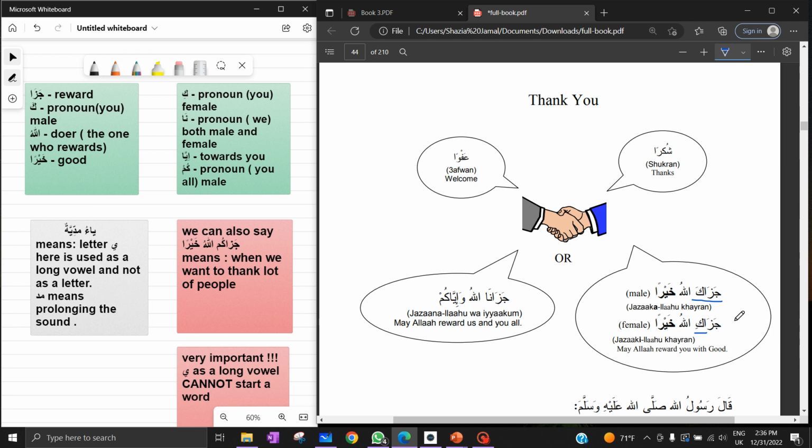In this case, you will see this is for male and this is for feminine. Everything will be the same, only the damir will change for male and female. Jazaki in case of feminine, singular. In case of male, singular, jazakallahu khairan, jazakillahu khairan. This is how you say for male and female.